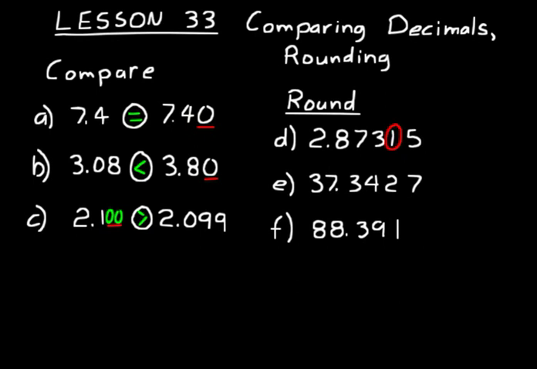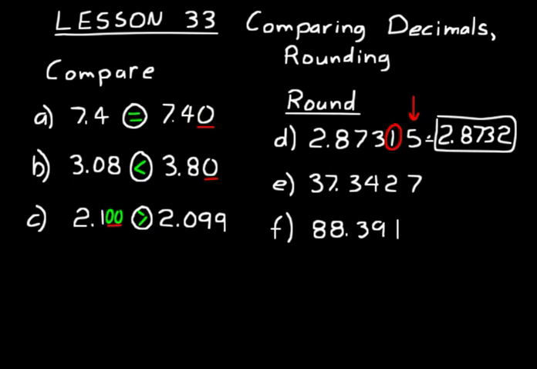The 1 is in the 10,000ths place. Put an arrow over the 5 then. That means you need to round that 1 up to a 2, since it's 5 or greater. And you would have 2.8732. That's that number rounded to the nearest 10,000th place.